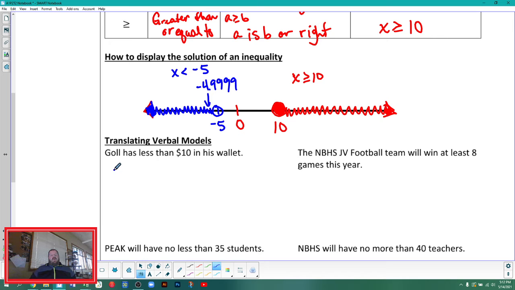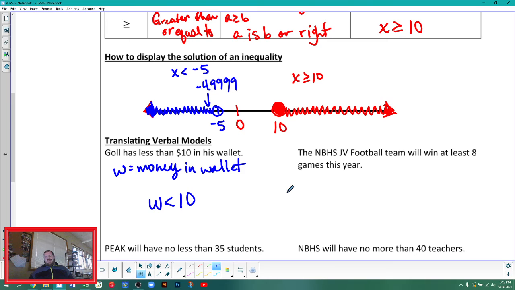So if we think about W being money in the wallet, then I know that I'm going to have less than $10 in there. So my wallet is going to hold less than $10. You can debate for yourself whether there could be negative money in my wallet, but I'm not going to go there.